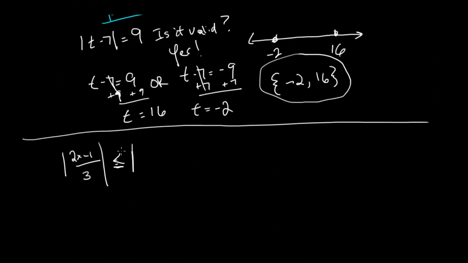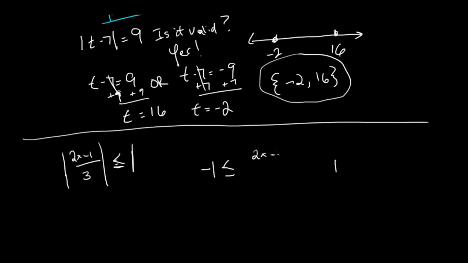Okay, so this says something a little bit different than what we've got here. Remember that an absolute value can be a negative number or a positive number. So if the absolute value of 2x minus 1 over 3 is less than or equal to 1, that means that whatever's inside that absolute value symbol is greater than or equal to negative 1.